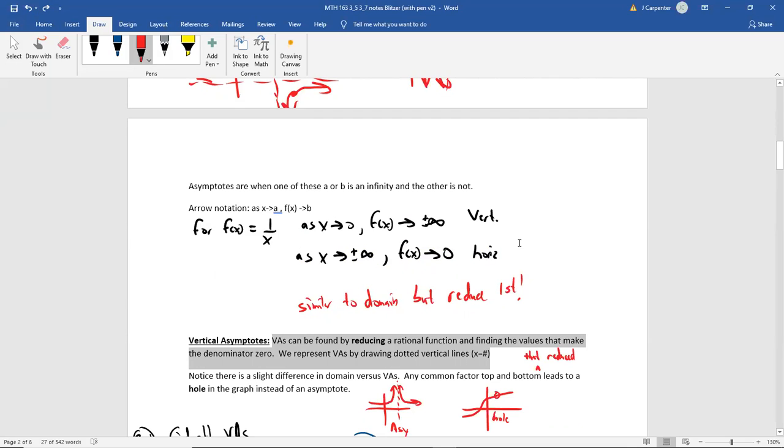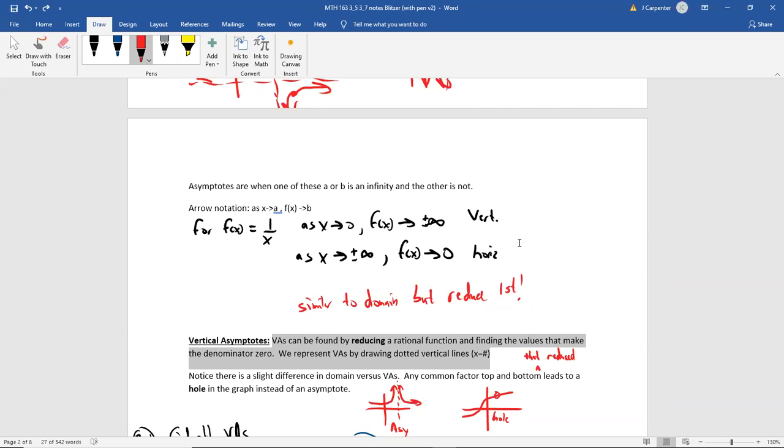So if you set your bottom equal to 0, and let's say you get 3, 3 is not the vertical asymptote. x equals 3 is the vertical asymptote. Without the x equals part, it's completely wrong and not even partial credit in a lot of teachers' eyes. I might give you a point, but I'm not giving you a lot of partial credit for that. You've got to remember that vertical lines are x equals a number and horizontal lines are y equals a number.